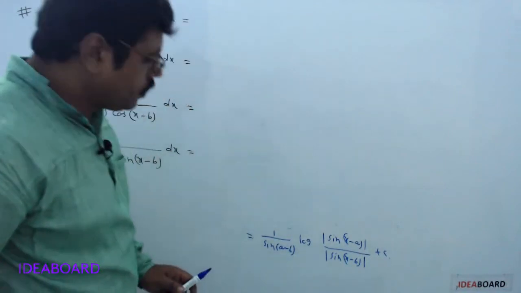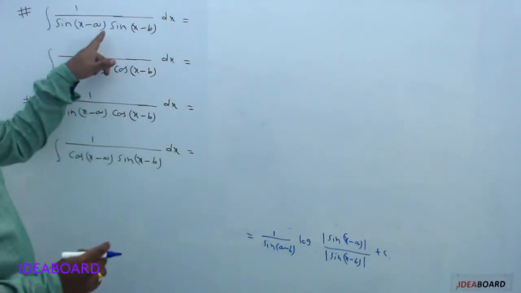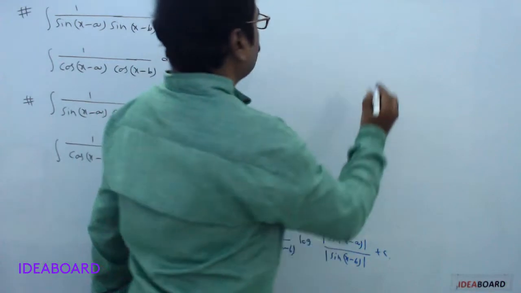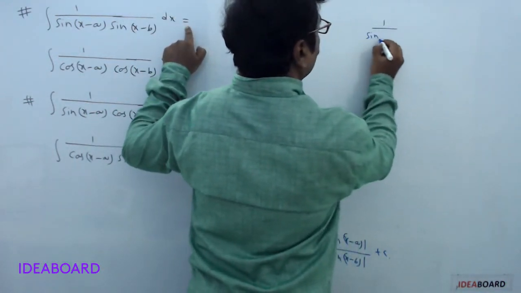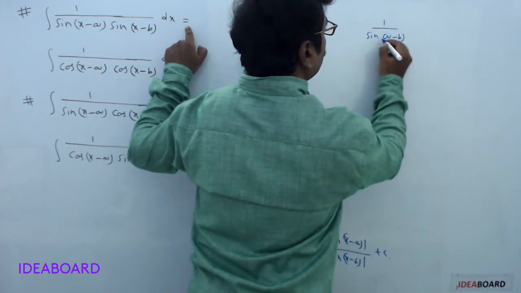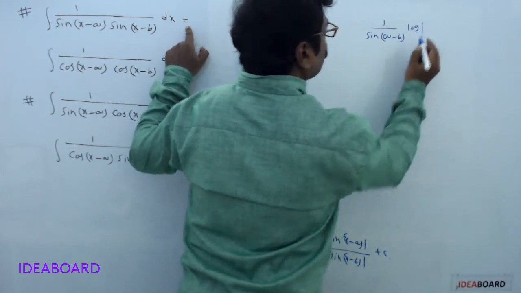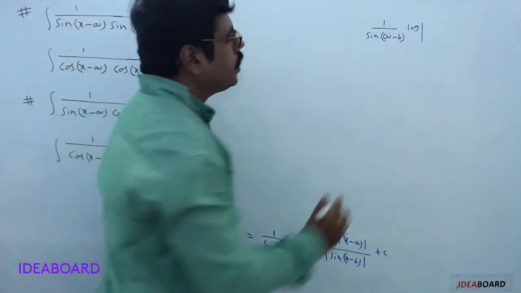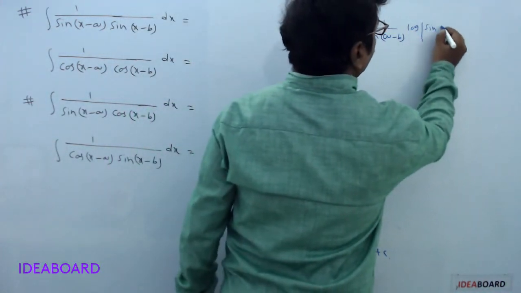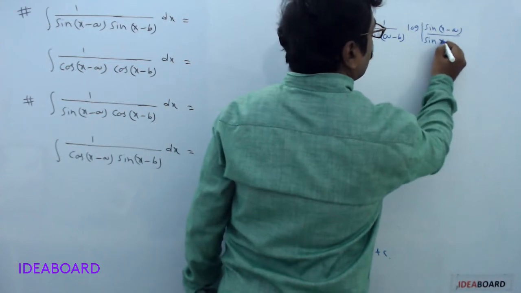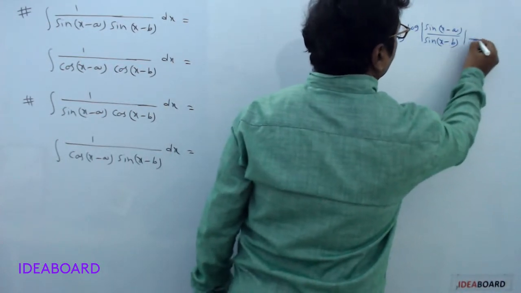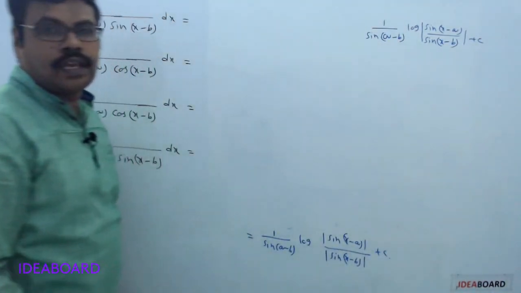What is your answer for this first one? 1 divided by sin of a minus b into log mod sin of x minus a divided by sin of x minus b plus some constant c.